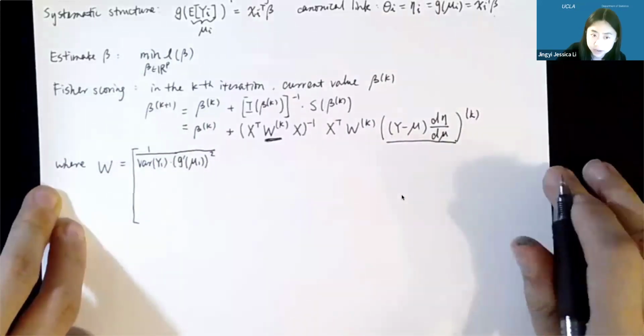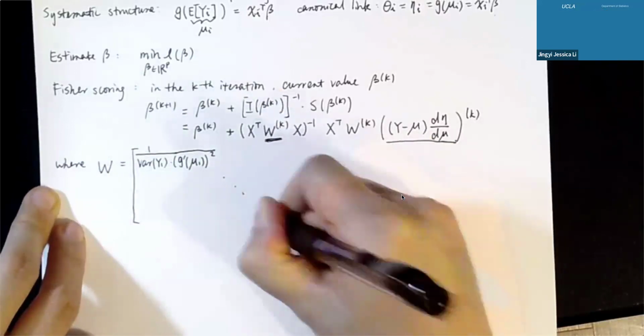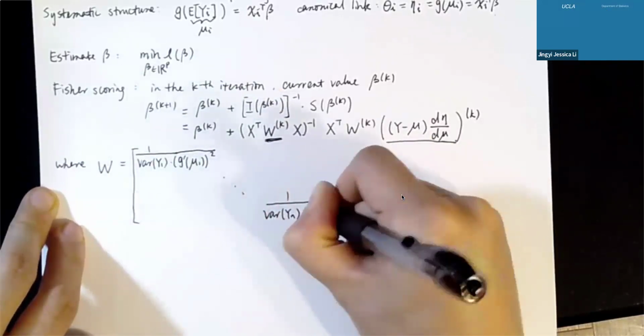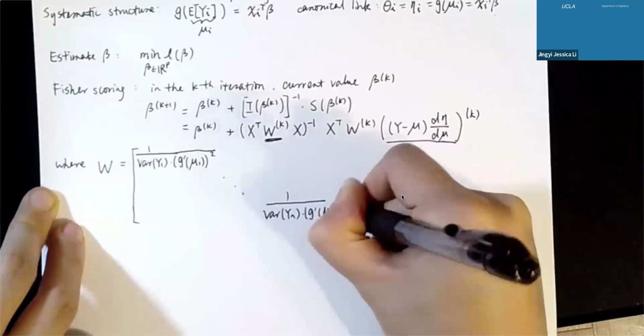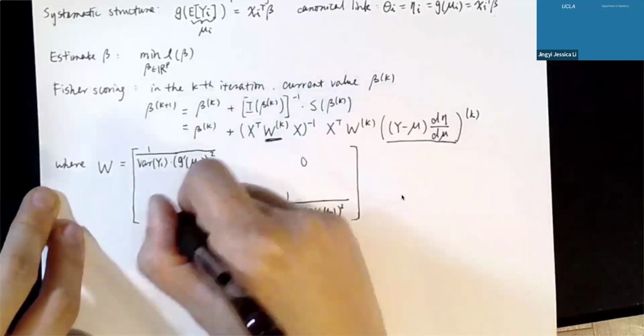This is the first diagonal entry. And we have 1 over the variance of Yn times g prime of mu n squared. And the other entries are 0.